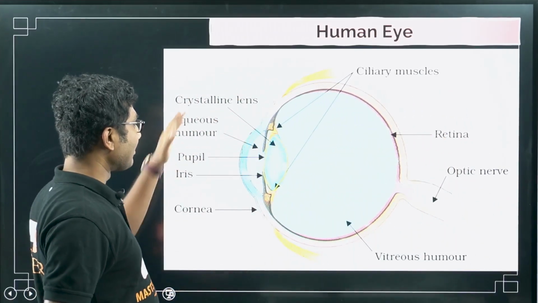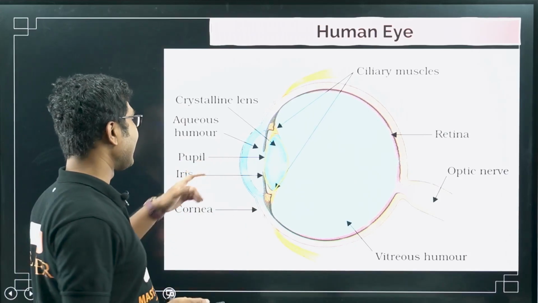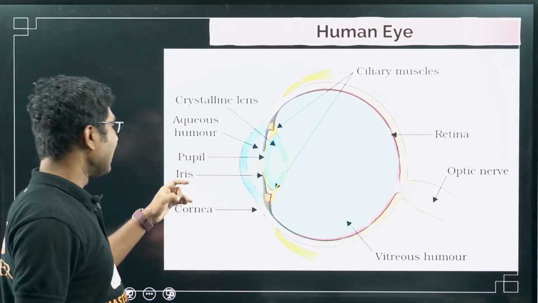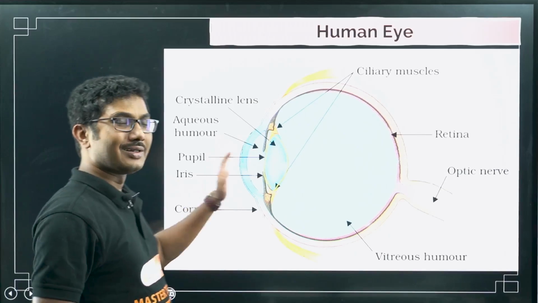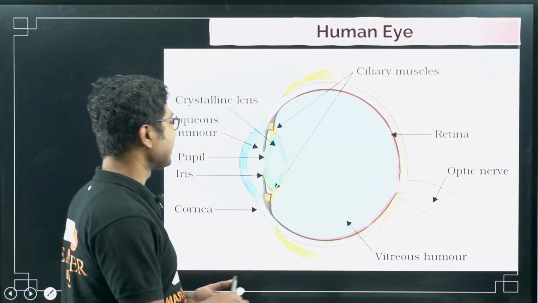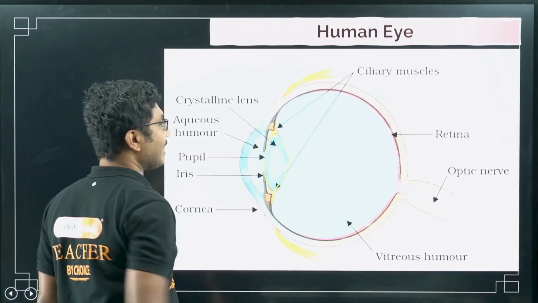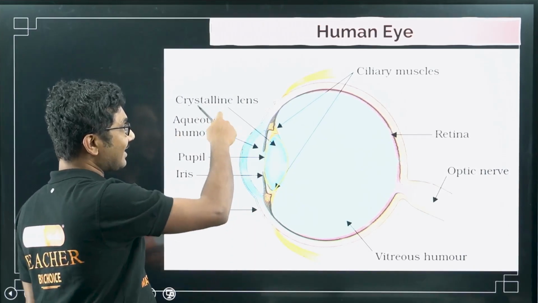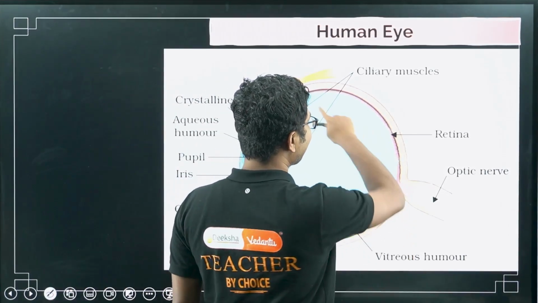And there are some coverings to our eye: pupil, iris, cornea. You have all learned this in your bio class perhaps, but our main focus is this, the crystalline lens, and here we have the retina.